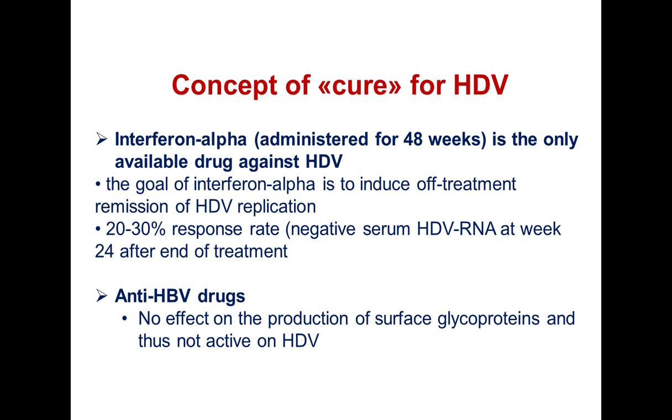However, response rate is very, very low. Furthermore, anti-HBV drugs cannot affect the production of surface glycoproteins, and so they are not active against HDV. For this reason, the scientific community is trying to identify novel pharmacological targets against HDV.